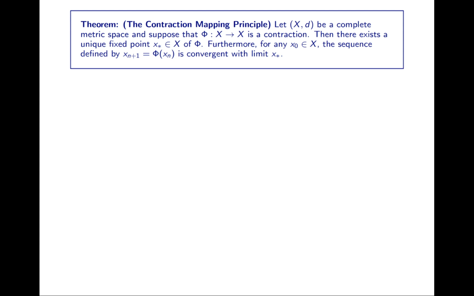When we say it's complete, we mean that every Cauchy sequence has a limit in the space. And suppose that phi is a contraction that maps X to X. Another way of thinking about that is that the image of phi of X is contained in X.